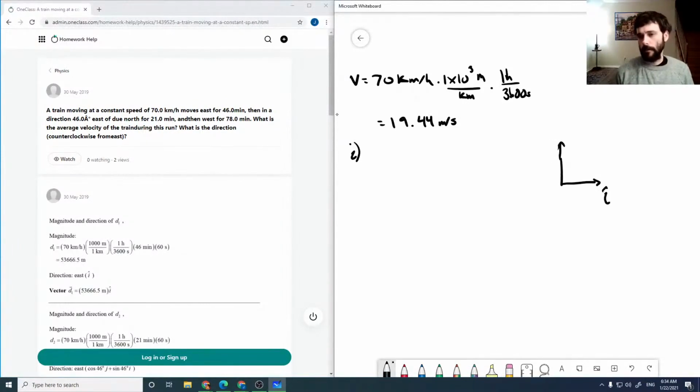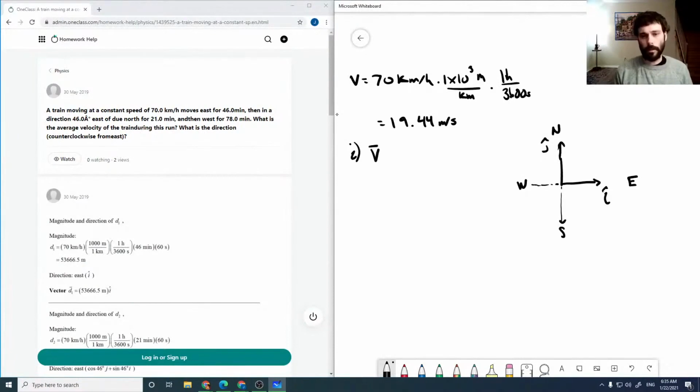So I hat, J hat for east, north, and then west will be negative I hat, and south will be negative J hat.